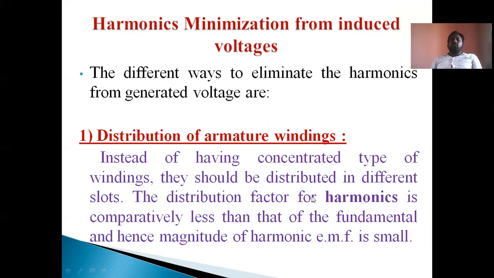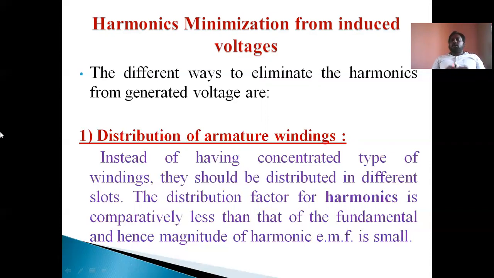That's why the distribution factor for harmonics is comparatively less than that of the fundamental, and hence the magnitude of harmonic EMF is small. Now, the fundamental waveform is there, and also the harmonic waveform is there in the alternator due to non-sinusoidal flux distribution. Harmonic voltages are produced due to the slot arrangement, so the distribution of those slots can be reduced.